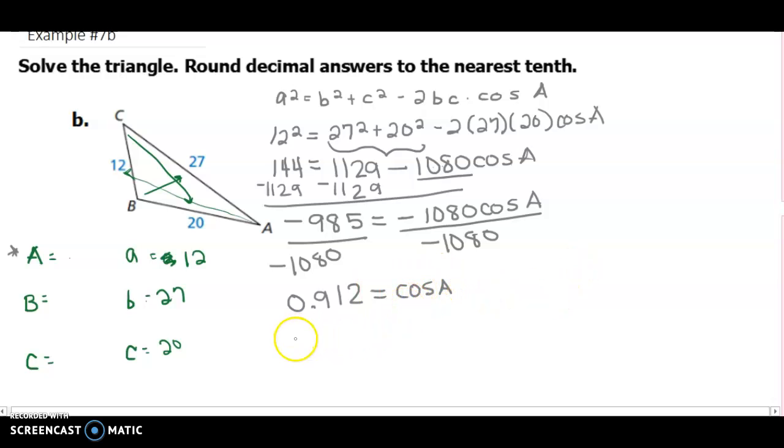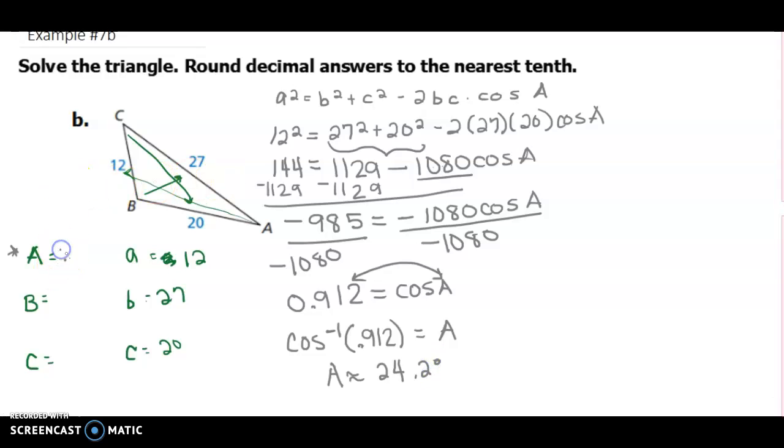I want to find the value of A, so I'm going to use cosine inverse, and when I do, I flip these two. So cosine inverse of 0.912 is going to equal A. So cosine inverse 0.912 gives me big A is roughly 24.2, and we are in degree mode, so that would be degrees.